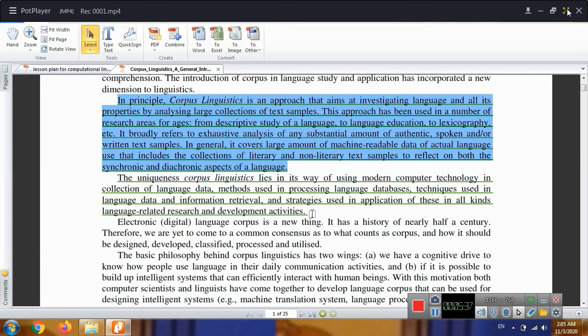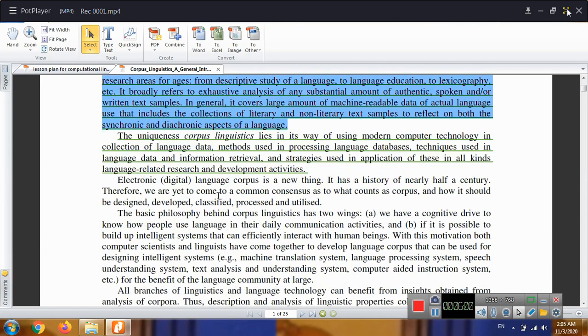In general, it covers a large amount of machine-readable data of actual language use that includes the collection of literary and non-literary text samples to reflect on both the synchronic and diachronic aspects of the language.